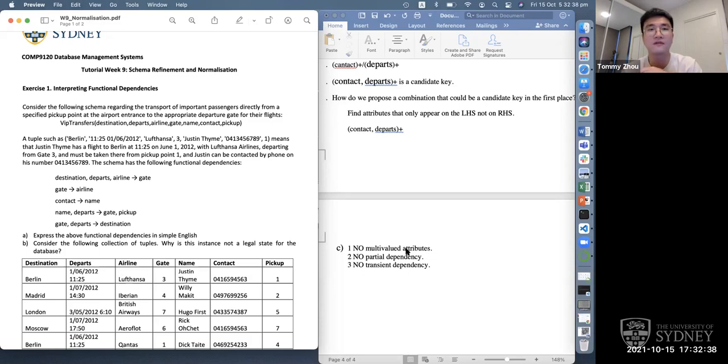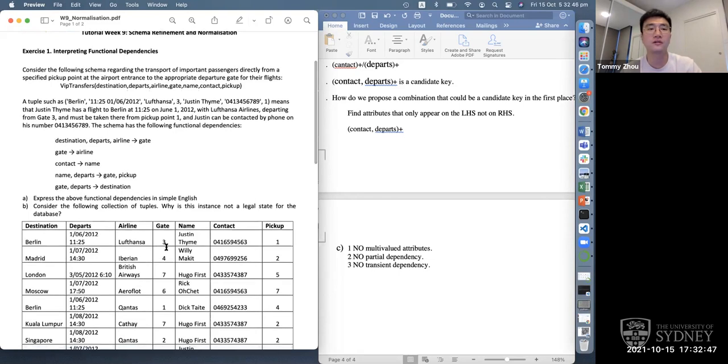Do we allow multi-valuing here? No, we don't. All of those attributes will only allow one value. That's why you can see Berlin and time and Lufthansa. What if we have Berlin and Madrid at the same time? That would be multi-valued, but we don't have it here. That means this condition has been satisfied.